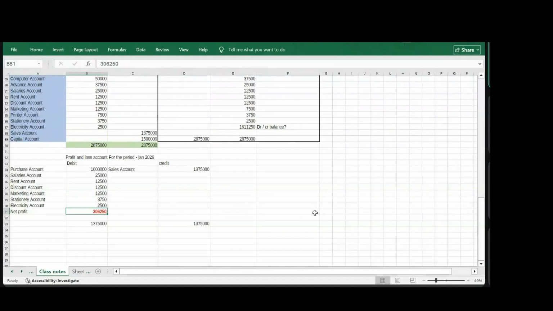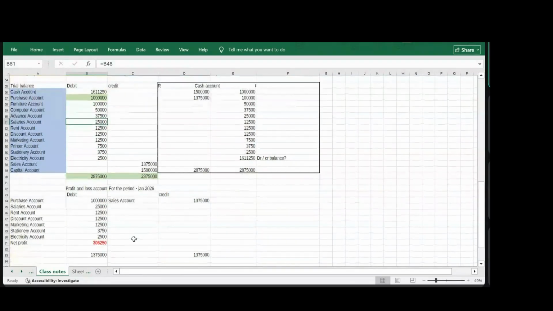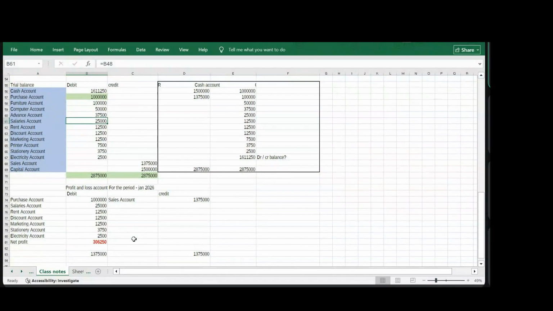What happened when we picked up from the trial balance? What all have we picked up? Can you tell me now? We picked up purchase. Furniture. Did we put furniture in the P&L account? No. Okay, then what did we pick up? Sales, rent, discount. All these 3, 4, 5, 6, 7 we have picked up, and this one.